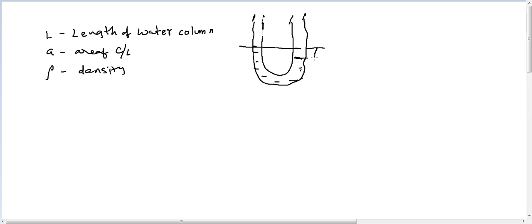If this goes down by an amount x, this will go up by the same amount x. To solve this problem we can use the energy method.